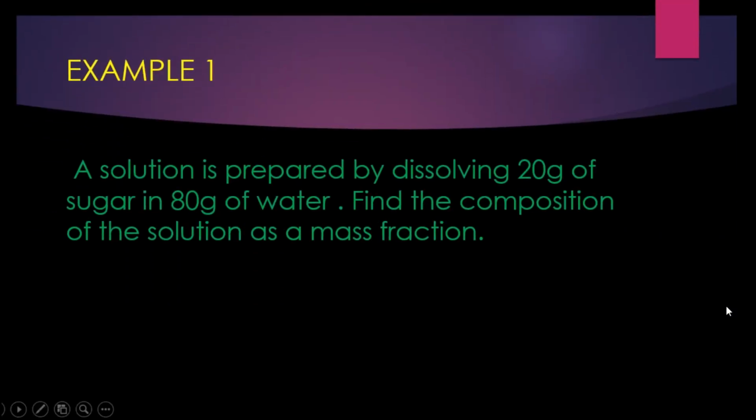We'll see an example. First example, a solution is prepared by dissolving 20 grams of sugar in 80 grams of water. Find the composition of the solution as a mass fraction.